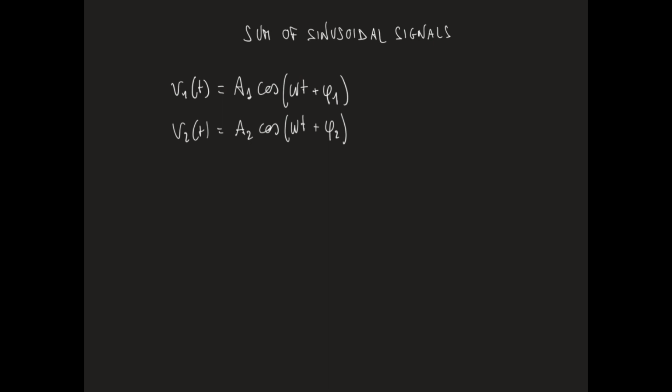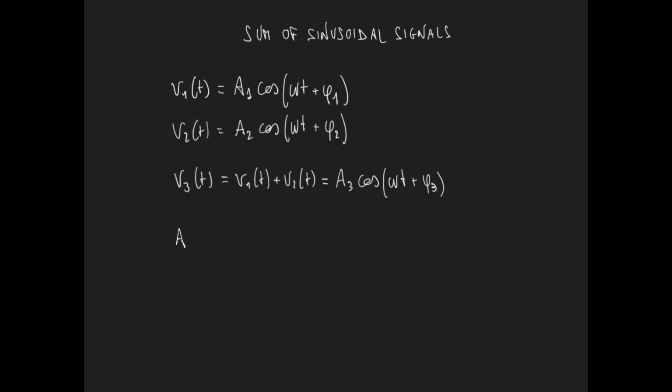It can be shown that the sum of the two signals, let's call it V3 of t, equal to V1 of t plus V2 of t, is also a sinusoidal signal at the same frequency as V1 and V2, given by A3 the cosine of omega t plus phi 3.